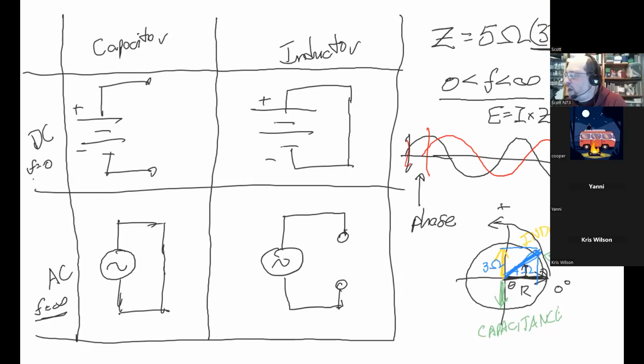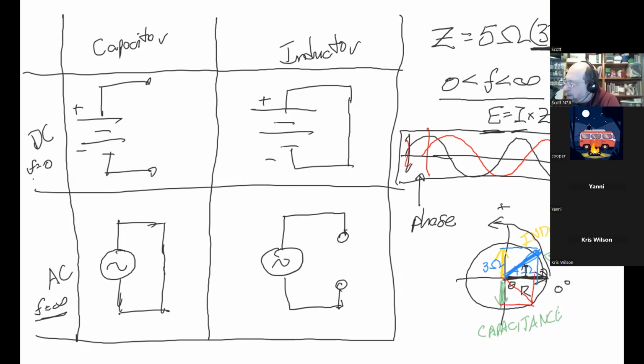And what that would mean is that our voltage would actually be shifted 37 degrees ahead of our current. And we would actually be able to see something like this happen if we measured them. If we had a capacitor, instead, it would actually go the other way. It would be down here.